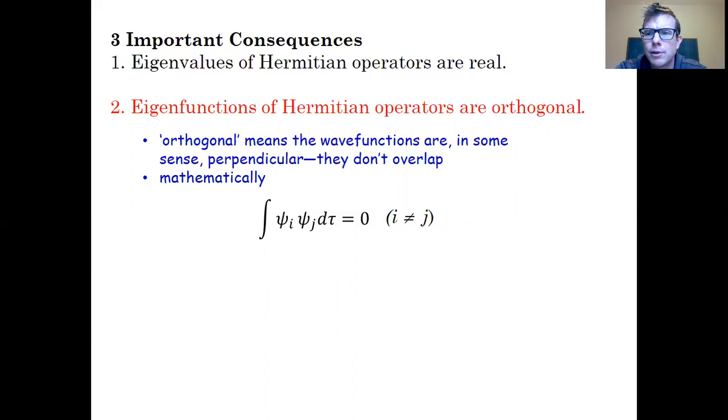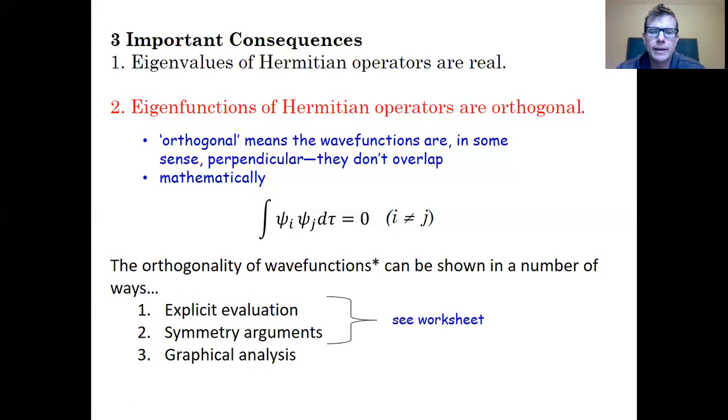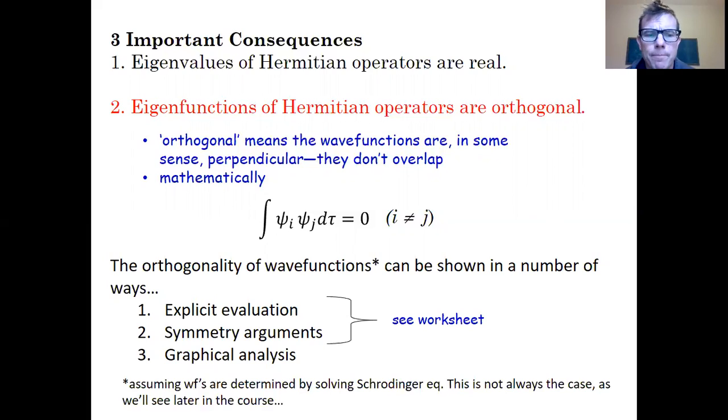That's what it means to be orthogonal. And there are a number of ways that this could be shown. So I'll have a worksheet for you where you'll do this through explicit evaluation. You can also make symmetry arguments or graphical analysis. Check out a worksheet for the first two.